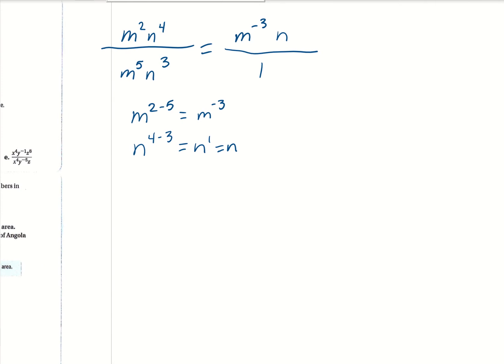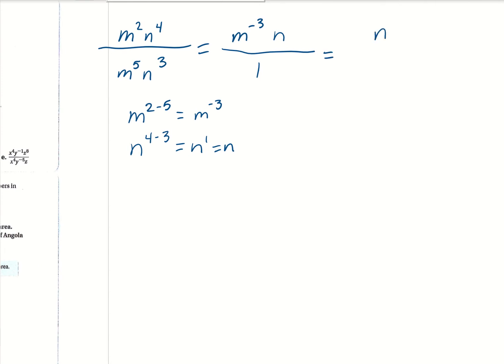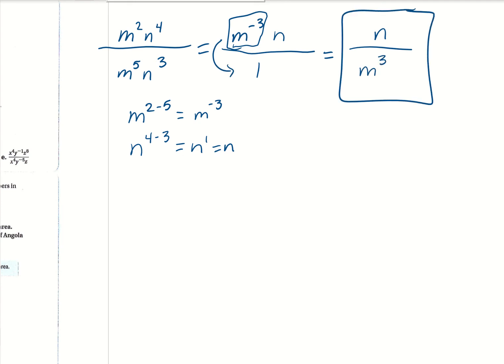Now we want to get rid of that negative, so we'll use that upstairs, downstairs apartment idea that we talked about. This is a negative Nancy, so we're just going to move it down to the bottom so that we make it a positive Patty. And there we go. That is our final answer for this problem.